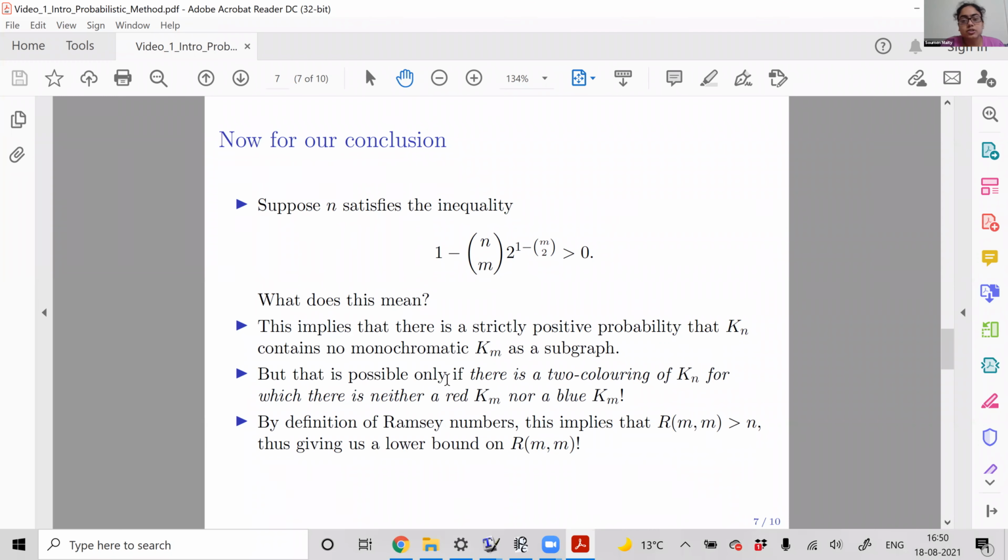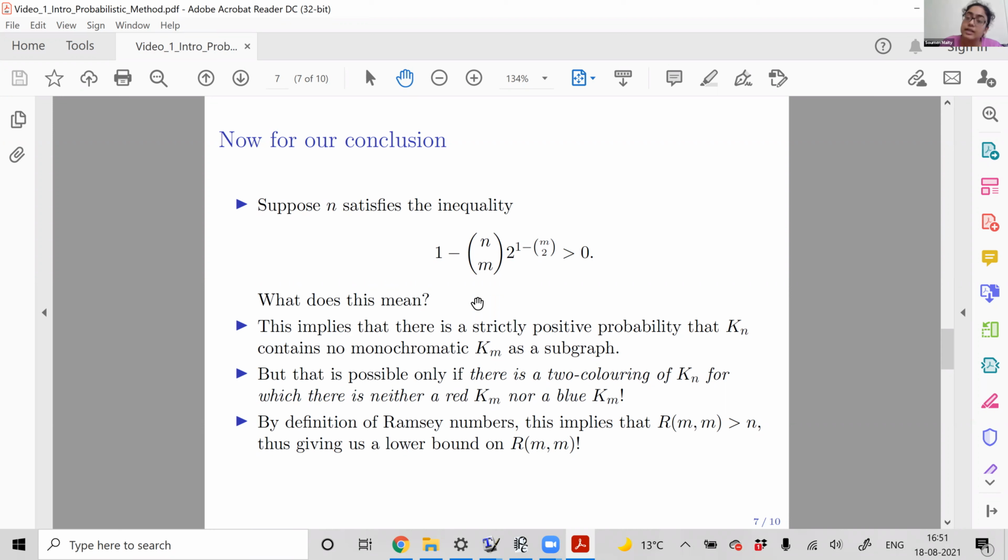Because the probability of K_n under the random coloring not having a monochromatic K_m is strictly positive, that shows that there is actually... as I say, an event having positive chance of happening means that the event cannot be the empty set, of course.